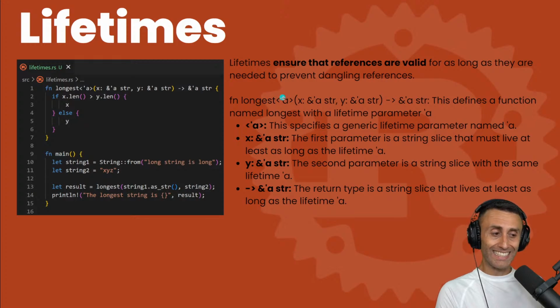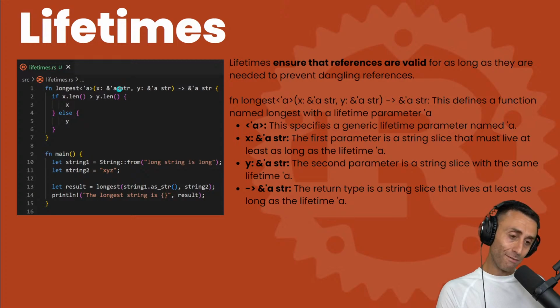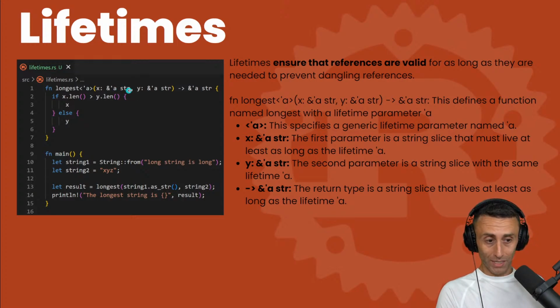We are getting this tick a, which specifies this generic lifetime parameter, and then we have two parameters that also have the lifetime tick a. So x is a reference with the lifetime of type string here, both for x and y.